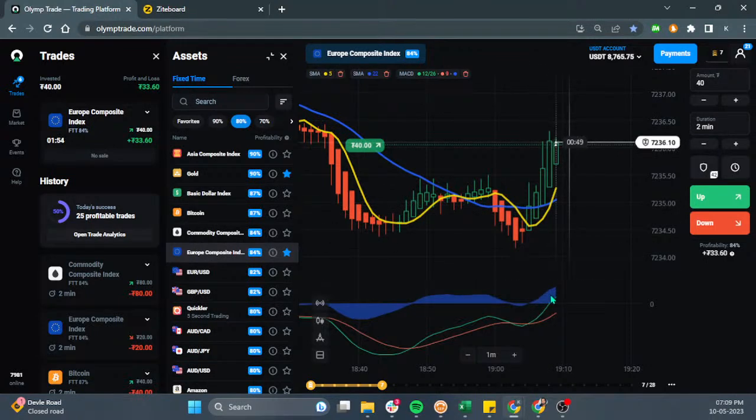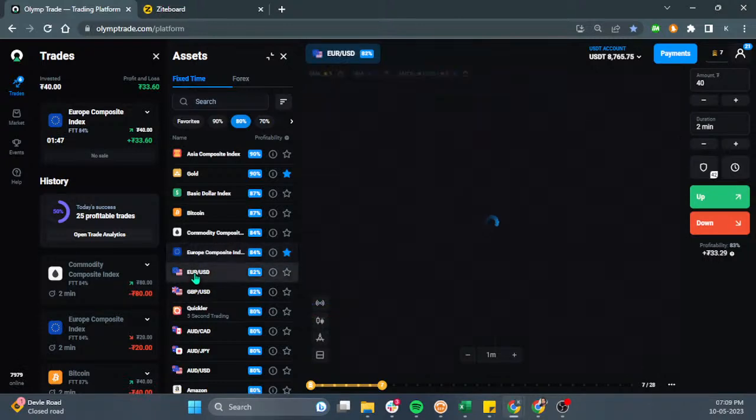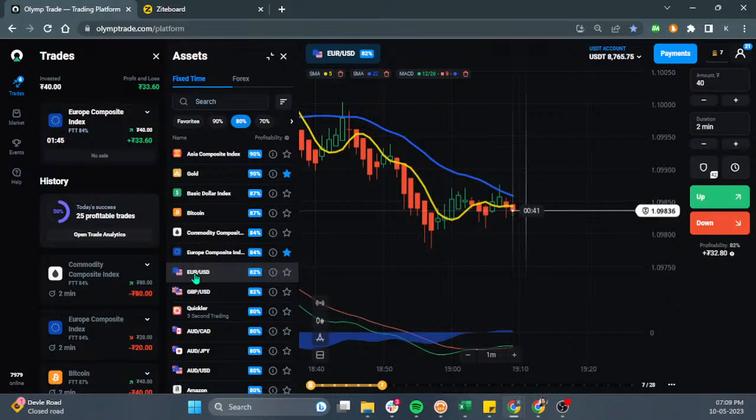The cloud is showing an upward trend. I've opened a trade of 40 USDT on this. I have to still recover this loss. Let's see if I can find a strong signal to open a trade of a huge amount of 160 USDT. I usually don't trade for that big of an amount because that's a really big amount to put under a single trade. But let's see.